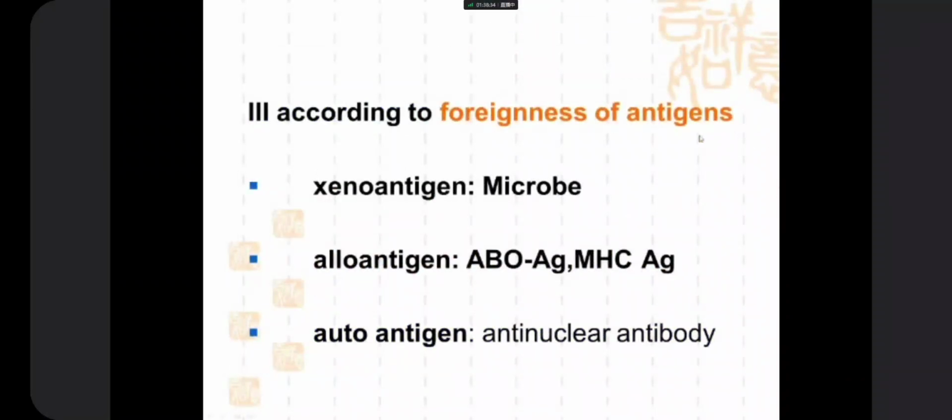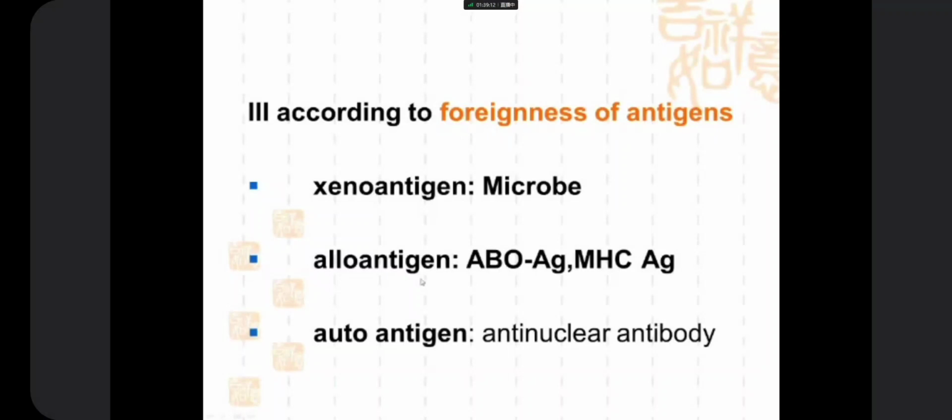According to foreignness of antigen, it can be classified into three groups. Xenoantigen, for example most microbes and substances from another species.